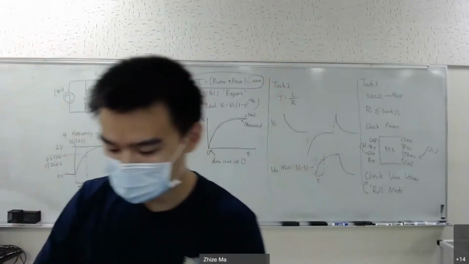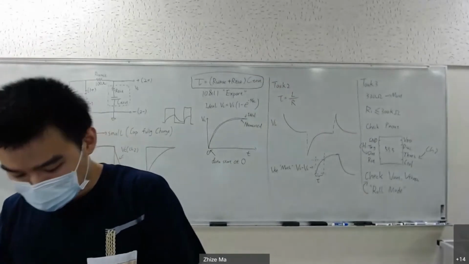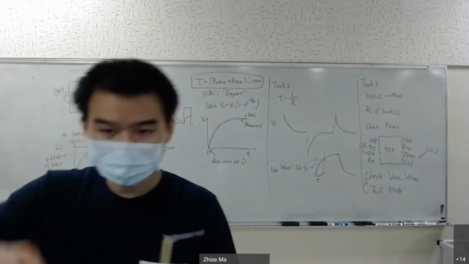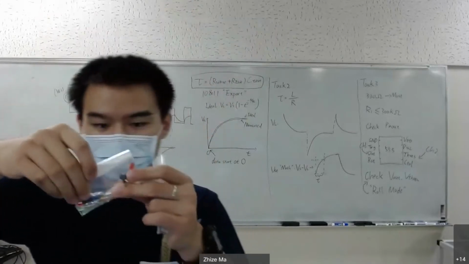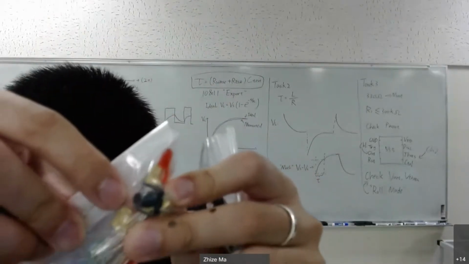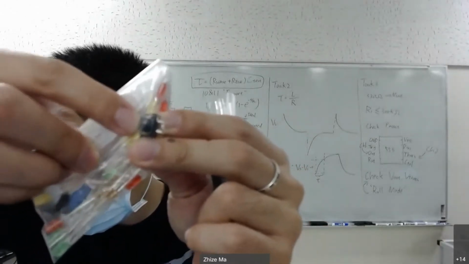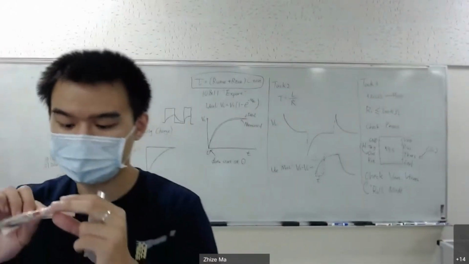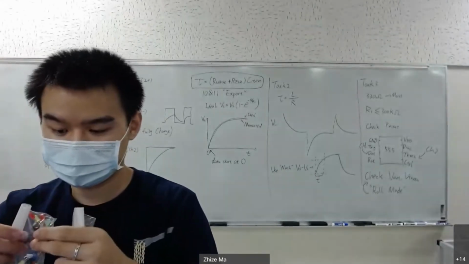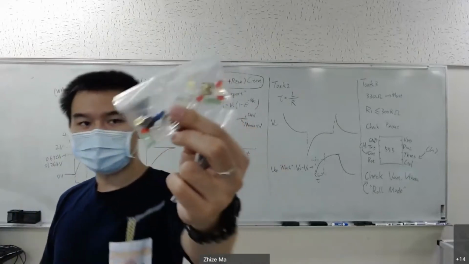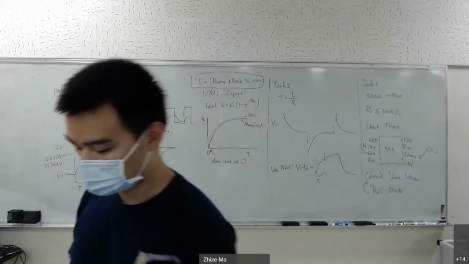The push button, or the switch, is in the same bag. You see this little black thing, that's a push button. If you click it, that's how you push the switch. Remember, this should be in a separate small box of your lab kit.